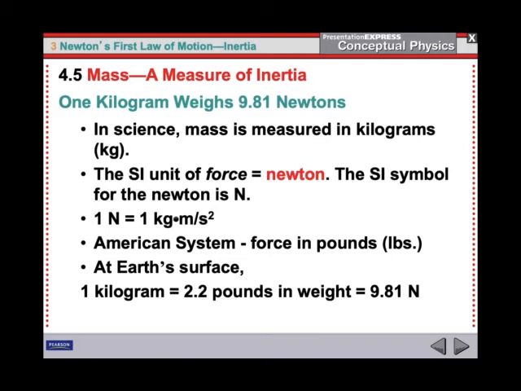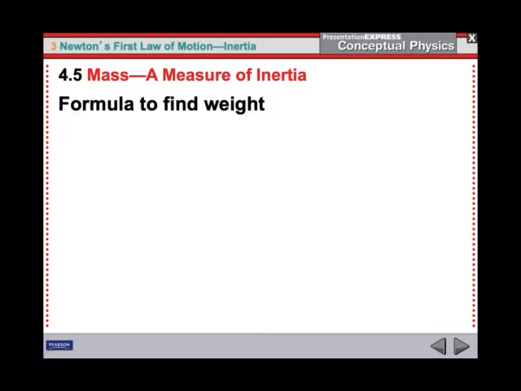We use the unit pounds to describe force. When you step on the scale, it's measuring your weight, or the force due to gravity, and it's measured in pounds here in America. At the Earth's surface, 1 kilogram is about 2.2 pounds in weight, and it's also about 9.81 newtons. All of those are kind of equal to each other on the surface of the Earth.